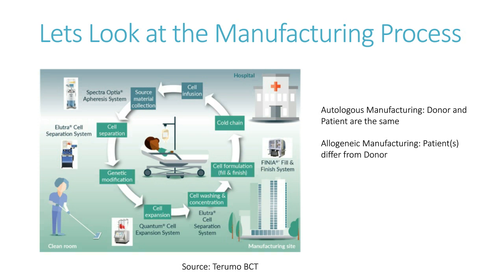But the key from a manufacturing perspective is that you want to modify and get your cells ready back to your patient as soon as possible. Some of the metrics that we've seen in the industry, 20, 21 days, have been discussed. Obviously, improvements to that are possible, but that's kind of where we see a lot of our customers' cycle time.